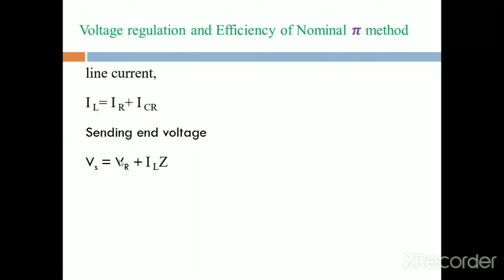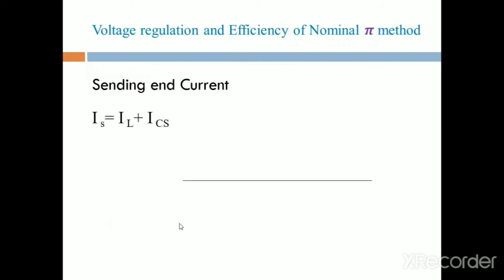Vr is the receiving end voltage, and ILZ is the voltage drop across the line. Next, substitute the Z value, that is Z is equal to R plus jX. And we also know ICS. Substitute that ICS value. ICS is equal to 1 by 2 omega C Vs. Why are we taking half? Because the capacitance is split. That's why we take it as 1 by 2 omega C Vs.